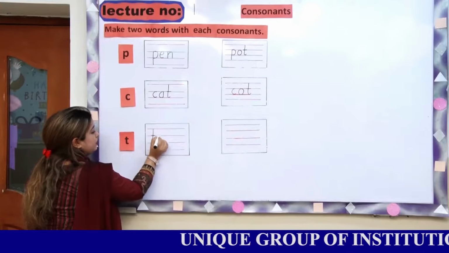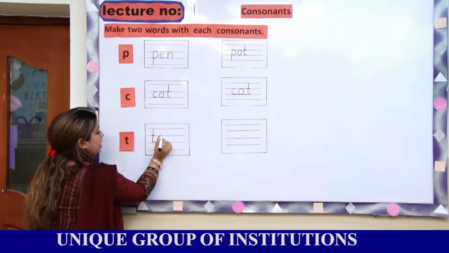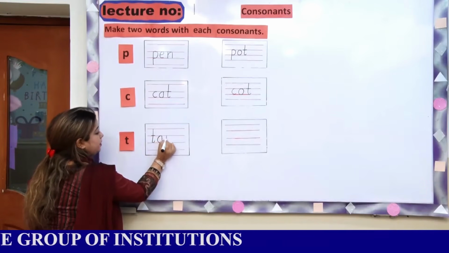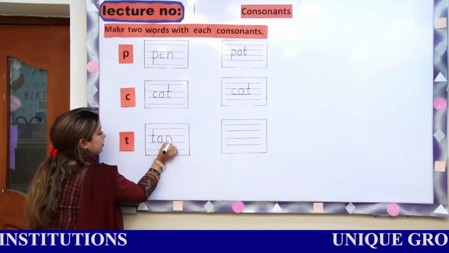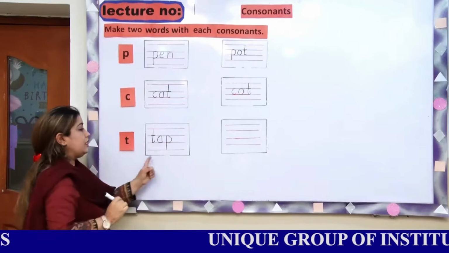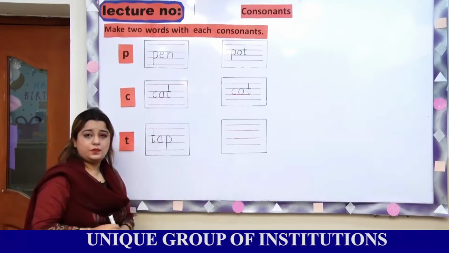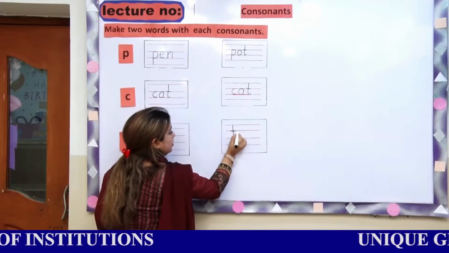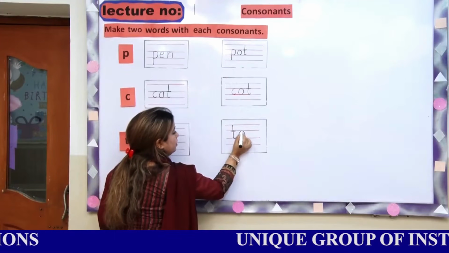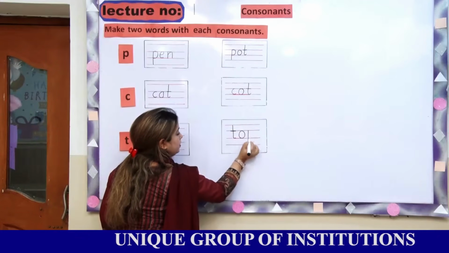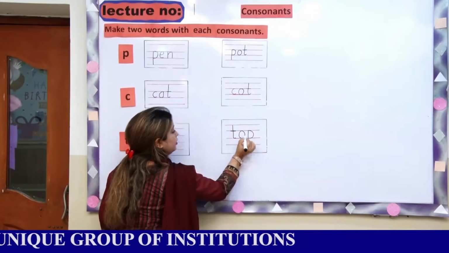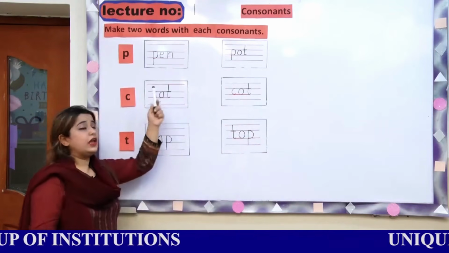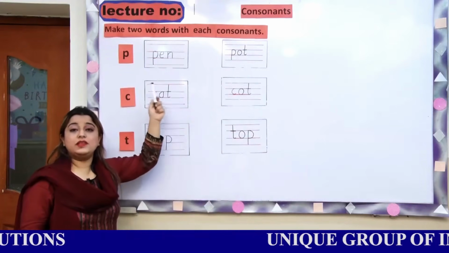T, A, P, tap. And the next word will be top. T, O, P, top. Again, we have made two words with each consonant.